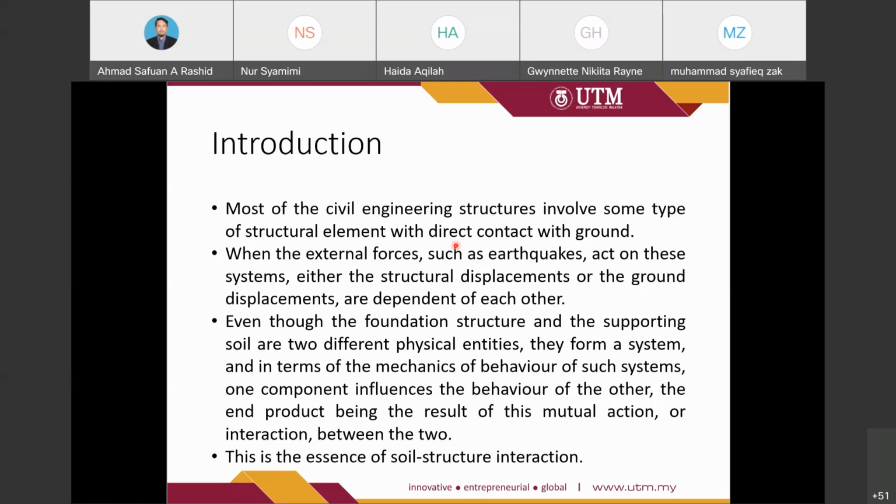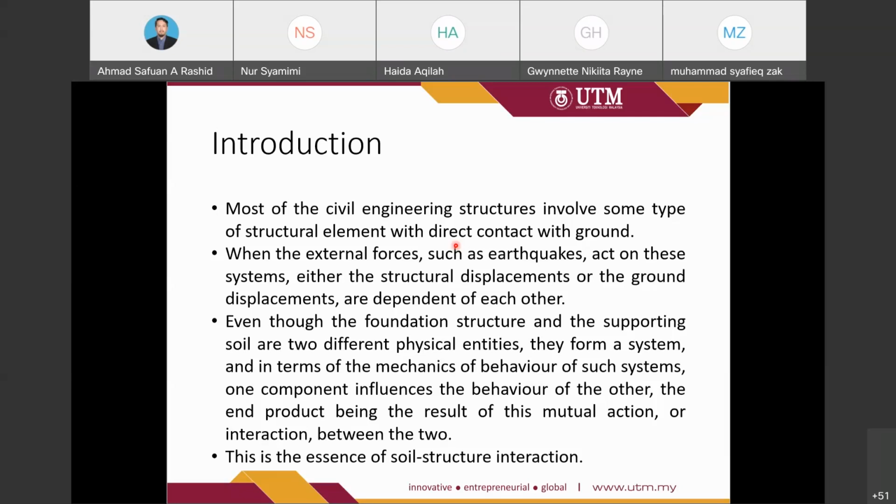In terms of the mechanics of behavior of such systems, one component influences the behavior of the other, the end product being the result of this mutual action or interaction between the two. This is the essence, the concept, of soil structure interaction.